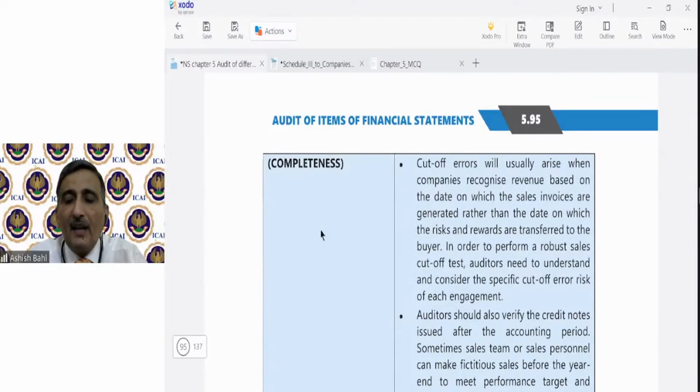So students, while attempting any question pertaining to audit procedures in your exams, as I have told you earlier also, first think what the question is asking from you. What is the nature of item which is being asked?